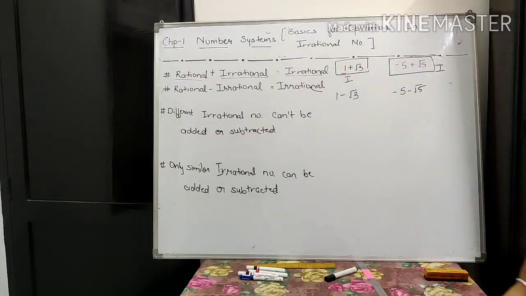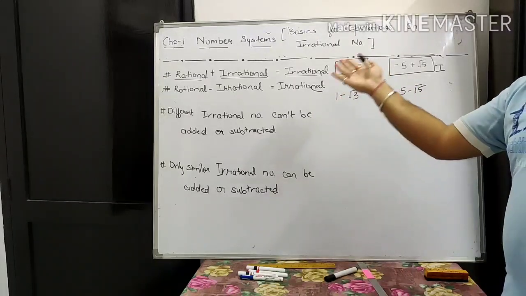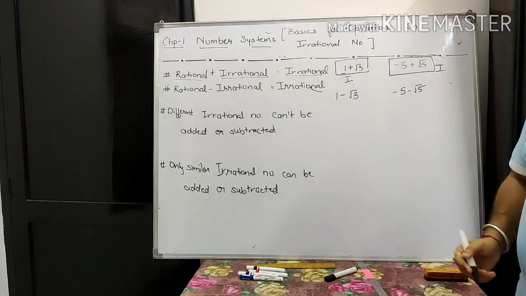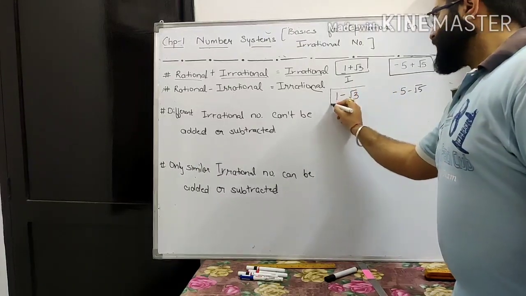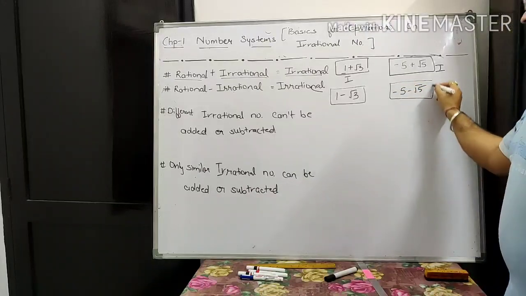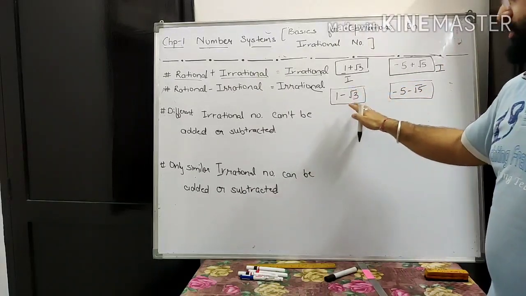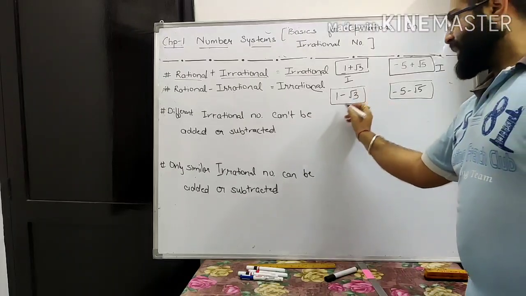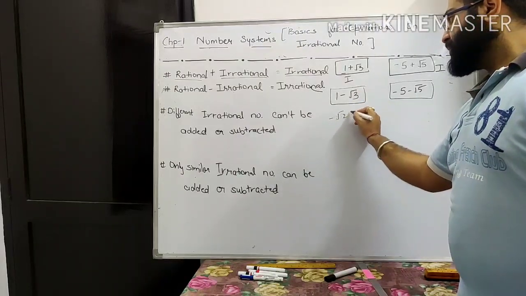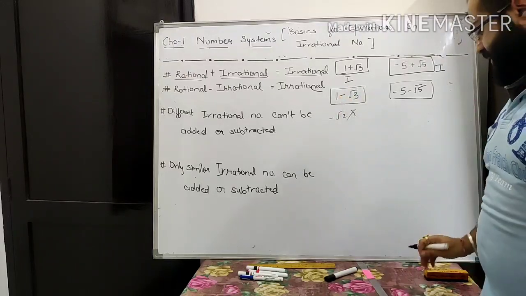As we have studied right now, a rational term minus an irrational term, or vice versa, irrational minus rational, will give you an irrational answer. So this answer is irrational. And if you need to solve this, again I'm telling you, if you write your answer as minus under root 2, that is wrong, because you cannot simply operate rational and irrationals.